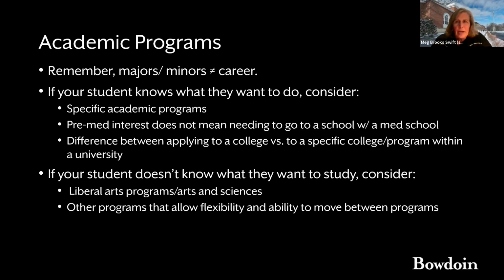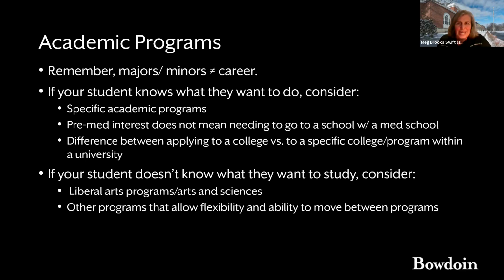So academic programs. As you consider these, it is important to remember that for most of us, majors and minors do not necessarily equal a career. Some students know exactly what they hope to study in college, and that can help as they look at the variety of options.